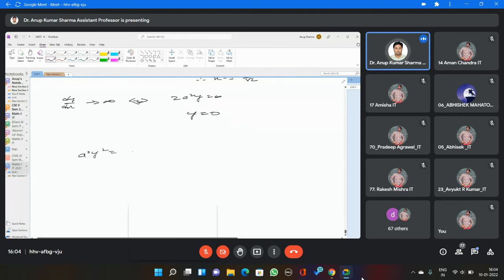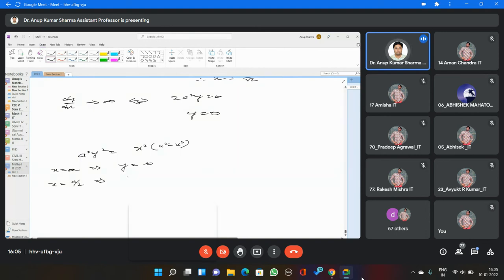Like a square y square is equal to x square times (a square minus x square). Suppose we give x is equal to a, so y is equal to 0. That means at x is equal to a, y becomes 0, so it is touching the axis. Now take x is equal to a by 2.